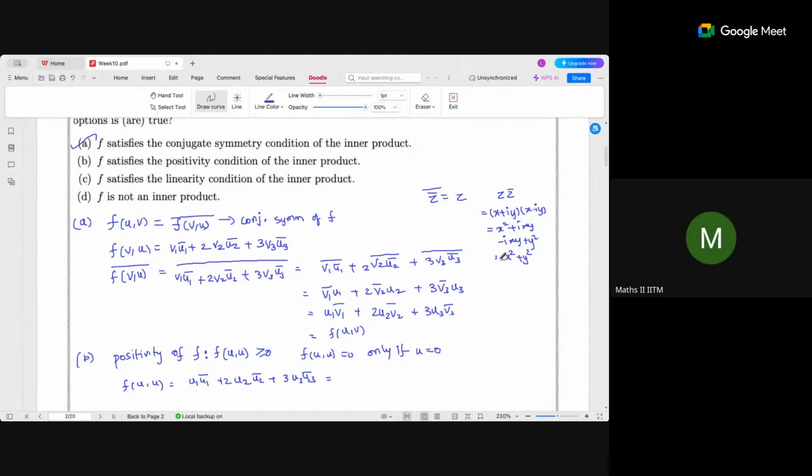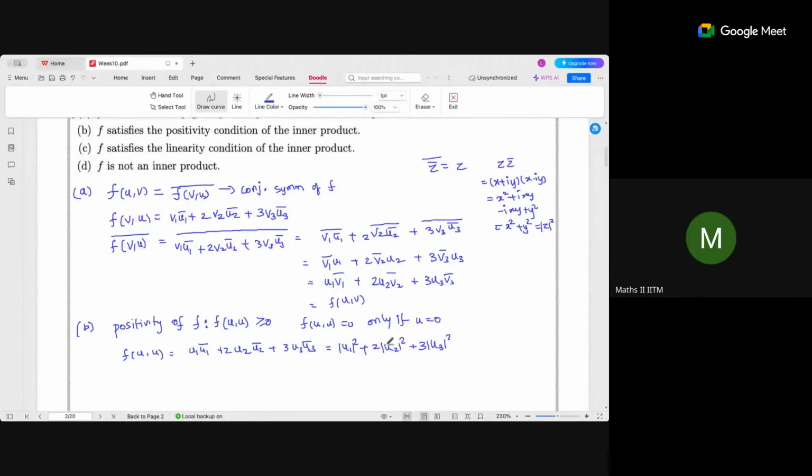So it is x squared plus y squared, which is the same as mod z squared. So you can replace it with mod u1 squared plus 2 times mod u2 squared plus 3 times mod u3 squared. Since mod squared is always non-negative, and it is equal to 0 only when all three entries are 0, we have positivity. So the second option is also correct.